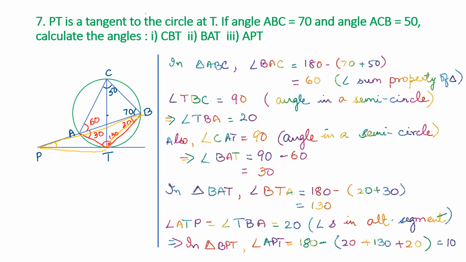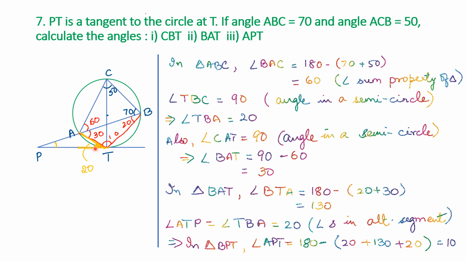If I can find out this whole angle, then I can find out the small part. In this one, you observe that this is the chord with the tangent. So this is the exterior angle, the angle made by the chord AT with the tangent PT. With A and T as the endpoints, the angle in the alternate segment, that is angle ABT, is equal to 20 degrees, implies this angle is also going to be equal to 20 degrees.